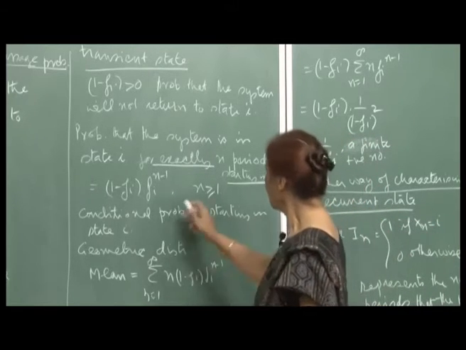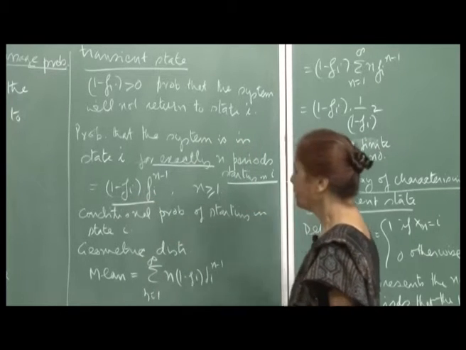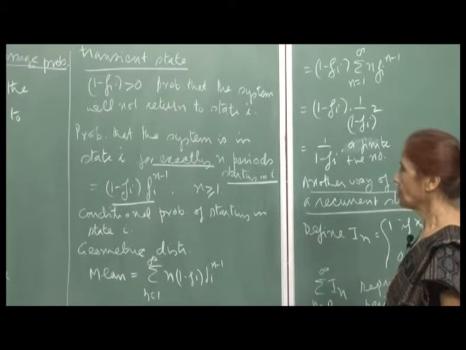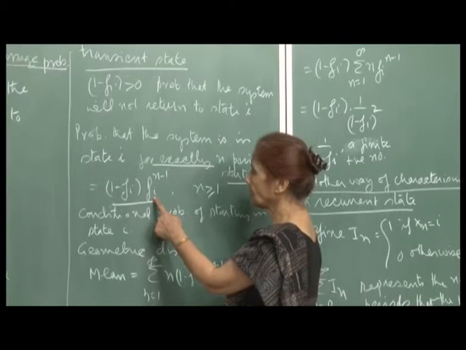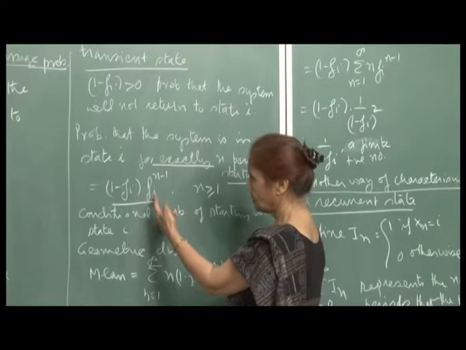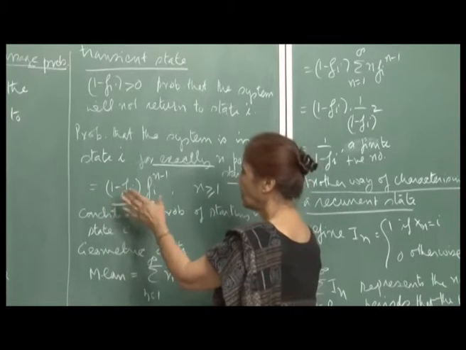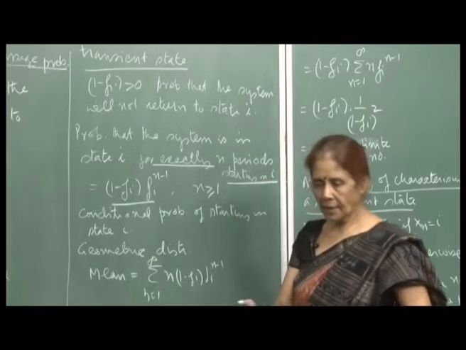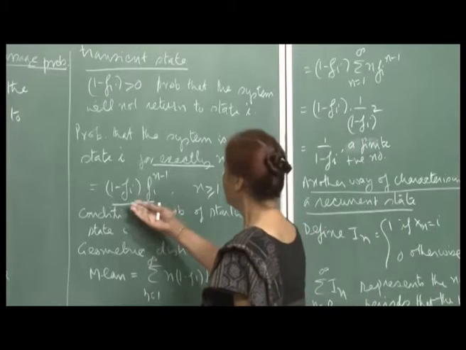Now, for n greater than or equal to 1, these are the probabilities from a geometric distribution, if you recall. What we are saying is that coming back to itself is a failure, and not coming back to itself is a success.